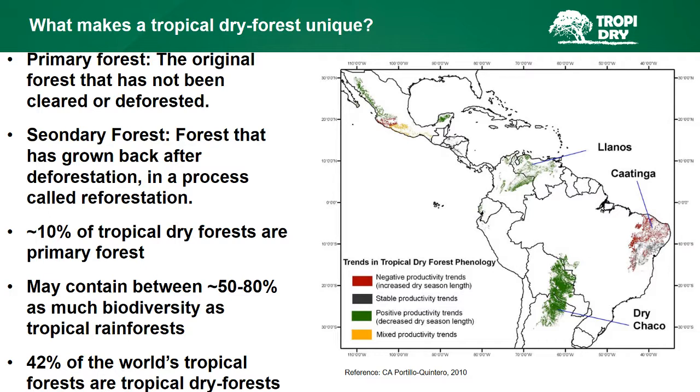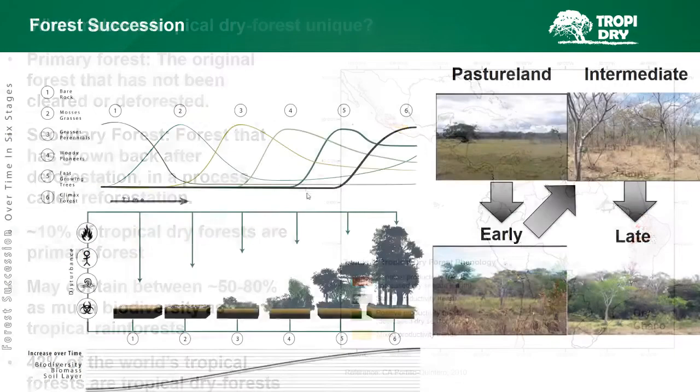And because of this, there's a high rate of endemism that is comparable to tropical rainforests. But because these forests are not as sexy, you could say, they don't get the advertisement that the tropical rainforests do, or even the research that tropical rainforests do. So this is what makes this area of study really interesting.